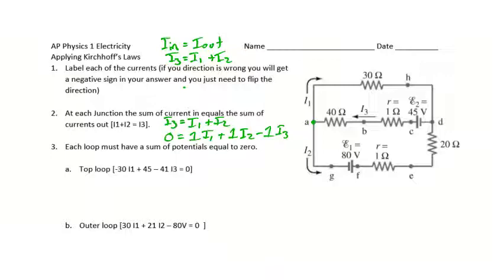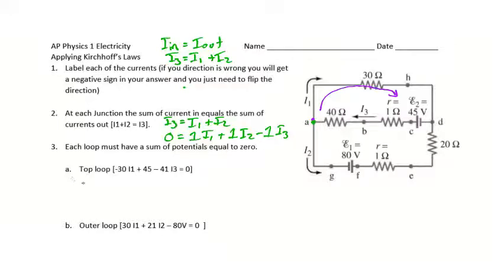Now we're going to take a look at the loop rule, which we've already discussed. We will start by taking the top loop, and we are going to go in the direction of current A, so we're just going to go around in this counterclockwise direction. Starting at point A, we're going to go up. We make it to the 30 ohm resistor.